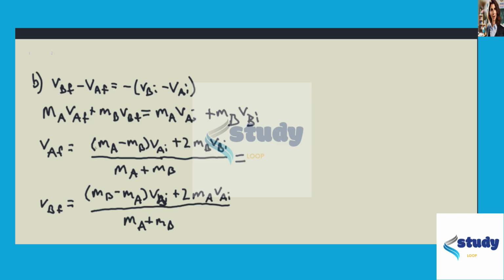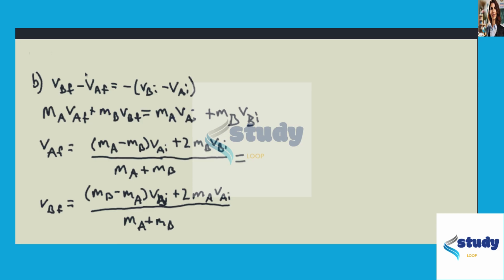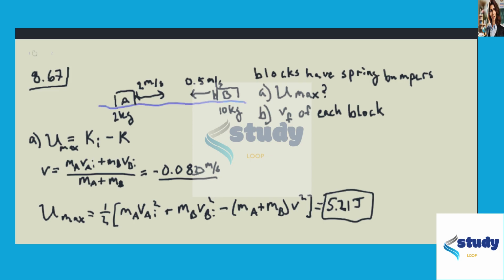So now the difference in masses is 8 kilograms. Here, since B is heavier, it's going to be -8. I have to remind myself that that is 2 meters per second.